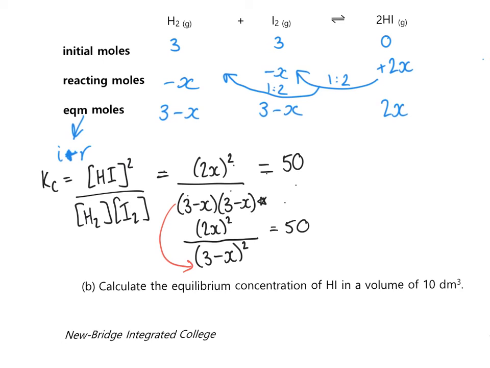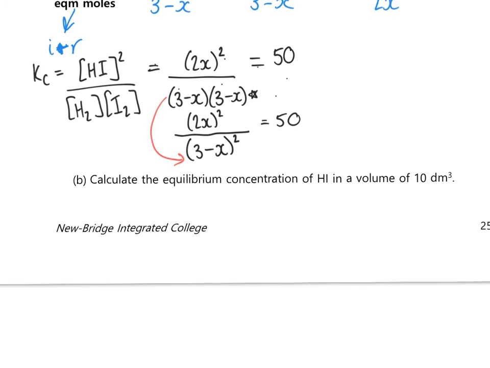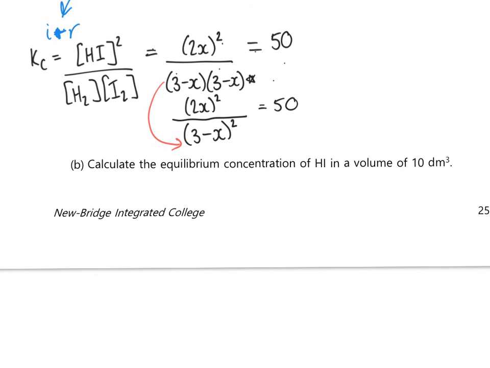How I can then simplify that again is, because my top line and my bottom line are squared, I can put that in a bracket and the whole thing is squared. You'll see in a wee second why.